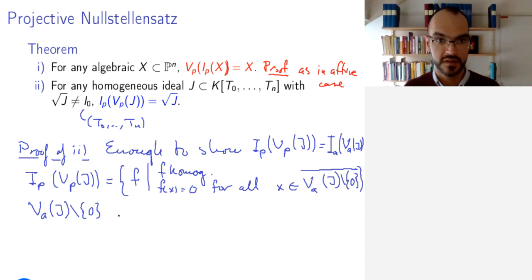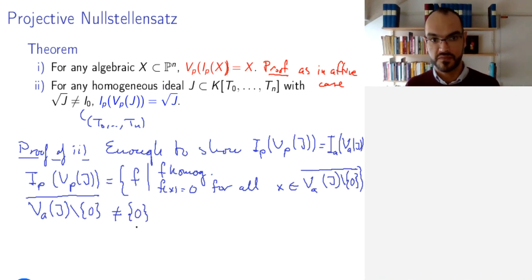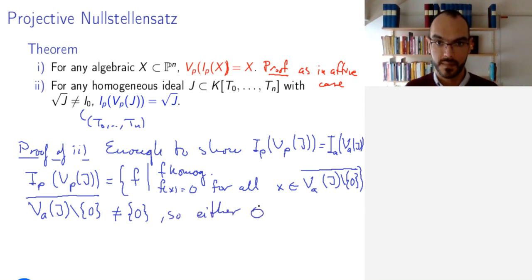So the closure is not just the origin, because this would violate the fact that the radical of this ideal is the ideal generated by the variables. You might pause and think why this is the case. So since it is not this thing, it is either empty or a cone containing not only 0.